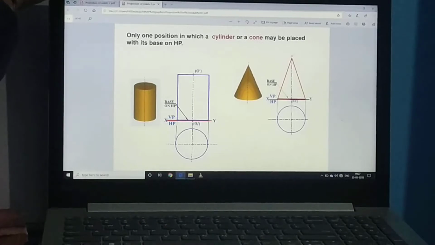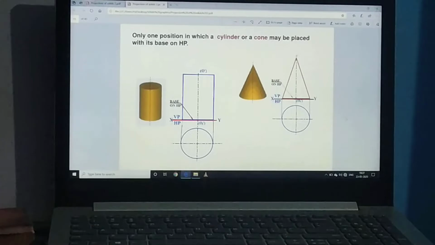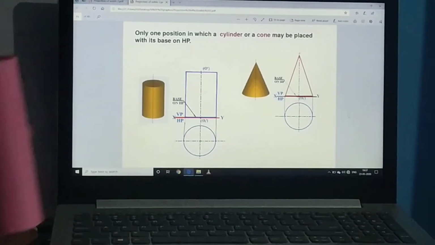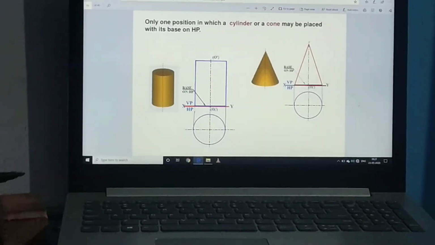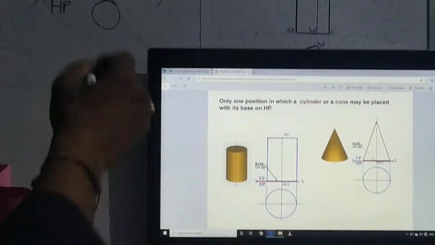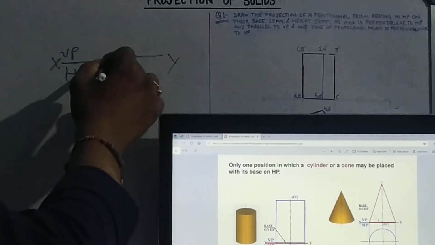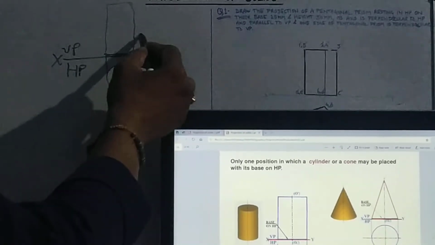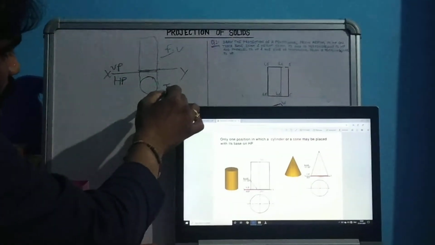In first angle projection, in the first quadrant, this is VP and this is HP. When the solid is placed like this, we get a circular shape on the HP plane. So we will draw this circular shape on HP, and after that, by projection lines, we will draw whatever height is given. This will be its front view, and this circle will be its top view.